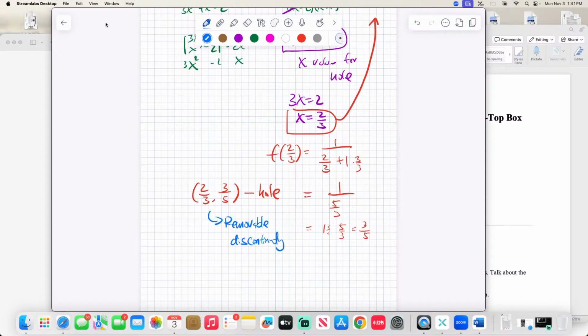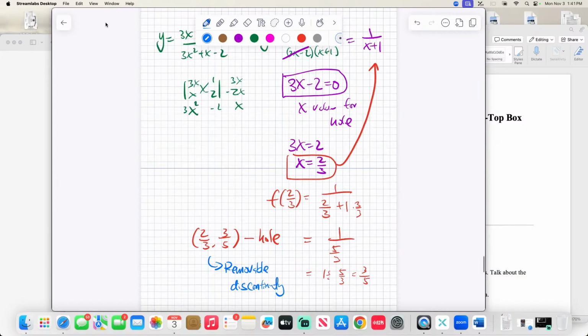I like hole too, but we need to teach you the right vocab. Say removable discontinuity. Okay, removable discontinuity.